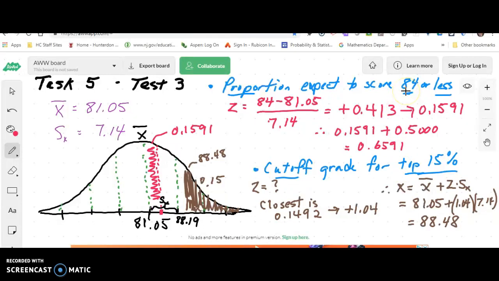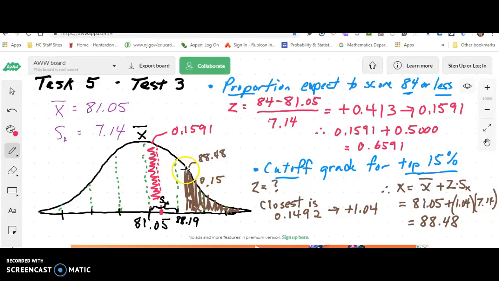So now again, we're doing this in reverse. We don't have the score and are trying to find a proportion. We actually have the proportion now and we're trying to find the score. So 15% converts to 0.1500 as far as the proportion is concerned. And we're looking for that top 15%. So we can shade in brown here the portion of this tail that has a value of 0.15.